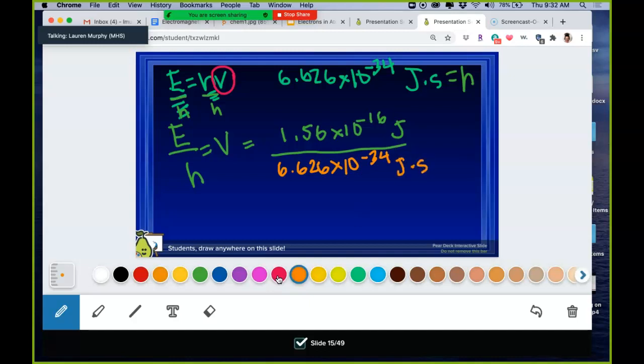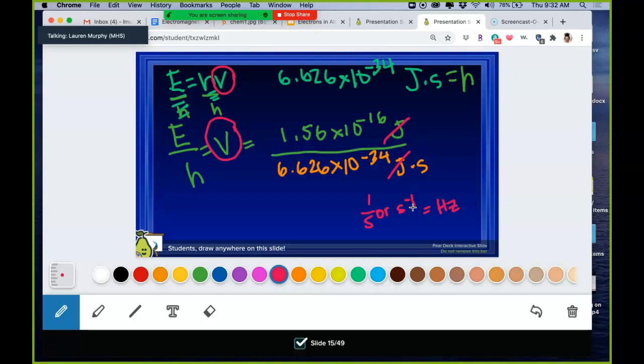Look, my joules cancel, one on the top, one on the bottom, and now this is seconds in the bottom, so that is the same as 1 over seconds, or s minus 1, or hertz. They all mean the same thing, which is great because we are solving for frequency, and these are the units that belong to frequency. So I'm going to give you a second to calculate it out.